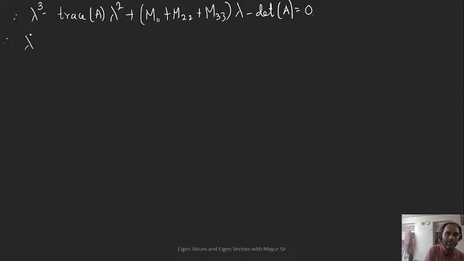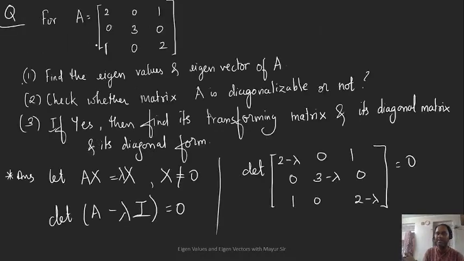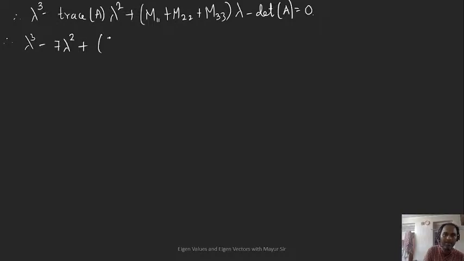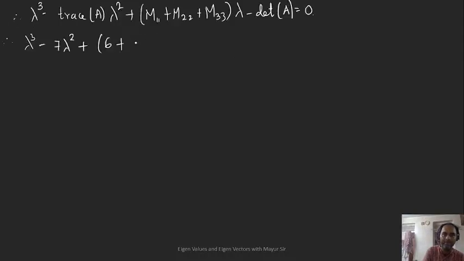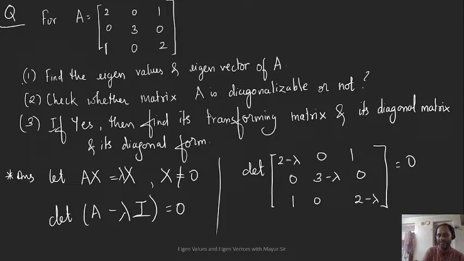Therefore lambda cube minus the trace, which is 2 plus 3 plus 2, so 7 lambda square. Then M11 is obtained by deleting the first row and first column, so you get 6. Then the next one is 4 minus 1 is 3, and then there is 6 again.